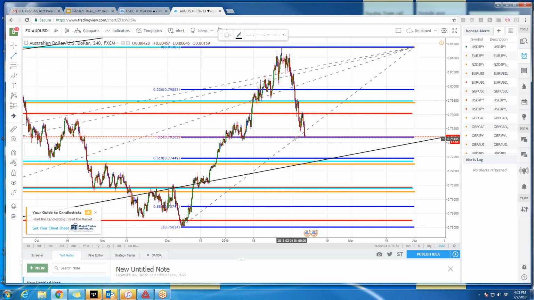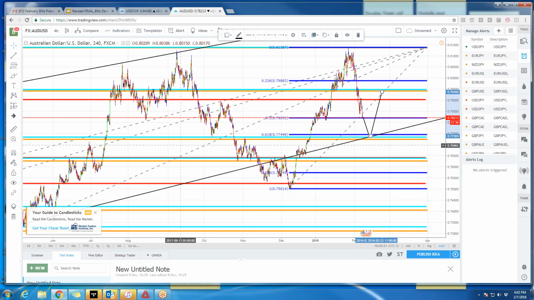So I'm looking for it to do this here, and then back up to here. So you're talking about 80 pips back up to 200 pips. So definitely want to stay on the lookout for that one.